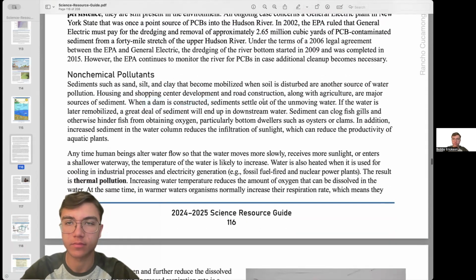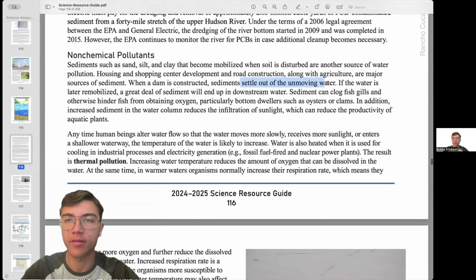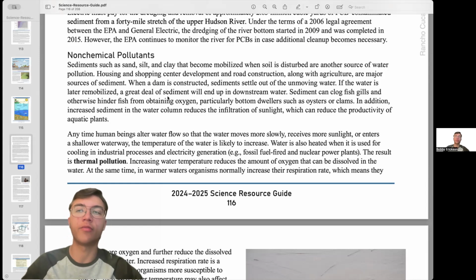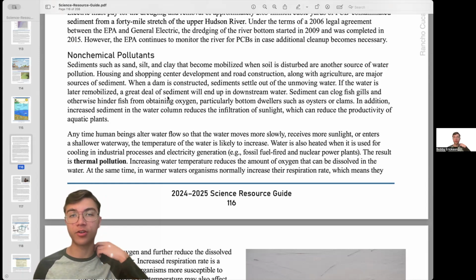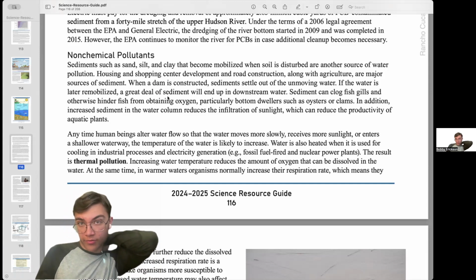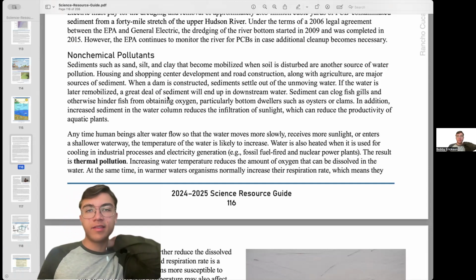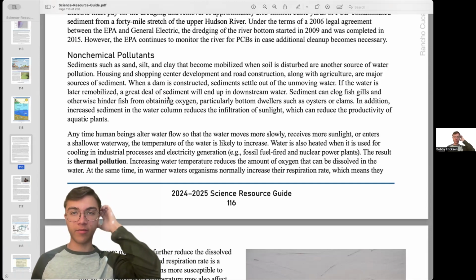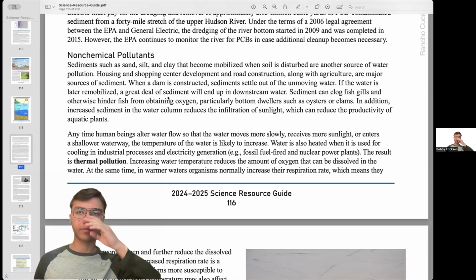So the sediments settle out of the unmoving water, and this is when a dam is constructed as well. And if it's remobilized, so if the water keeps moving even after it's unmoving, then a lot of the sediment will end up in the downstream river water.